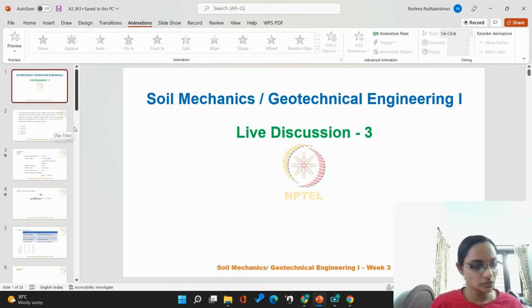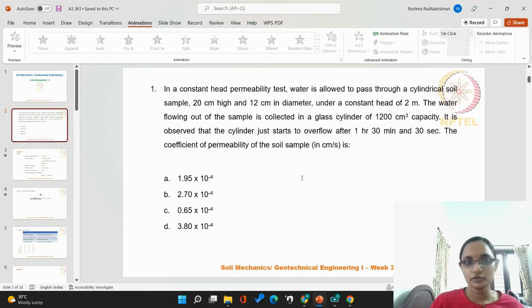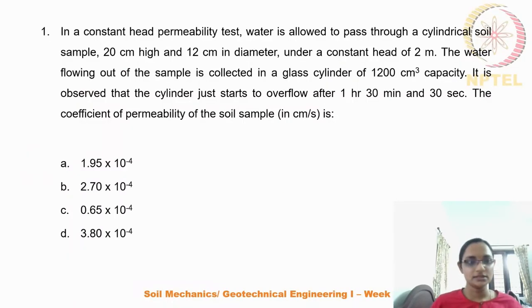All right. So we'll move on to the first question for today's live discussion. In a constant head permeability test, water is allowed to pass through a cylindrical soil sample 20 centimeter high and 12 centimeter in diameter under a constant head of 2 meters.